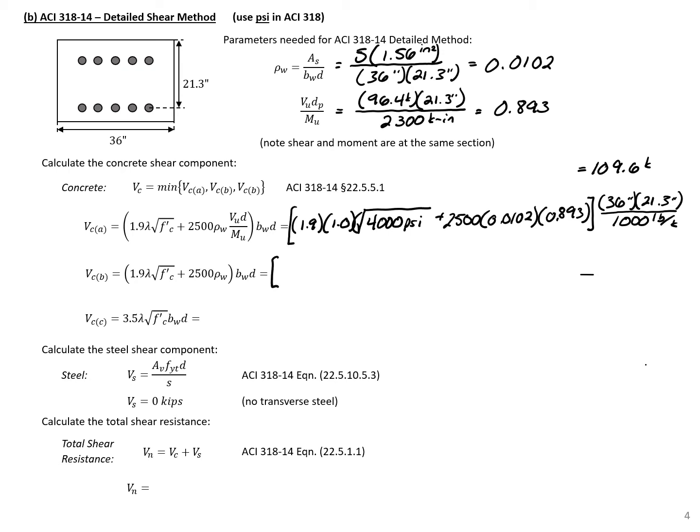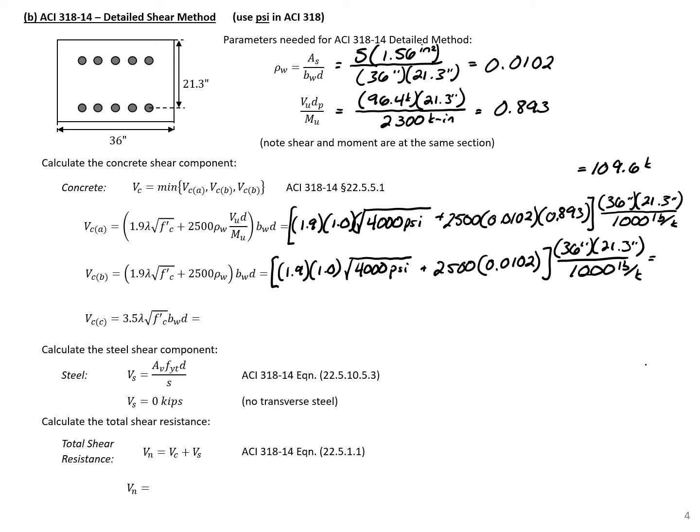So we'll have 1.9 times 1.0 times the square root of 4,000 psi plus 2,500 times 0.0102, and then this times our 36 inches times 21.3 divided by 1,000 pounds per kip, which will give us a value here of 111.7 kips.